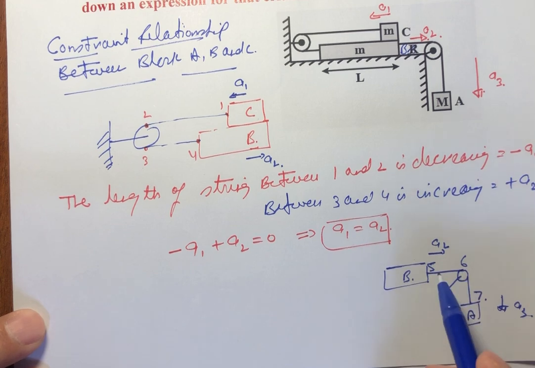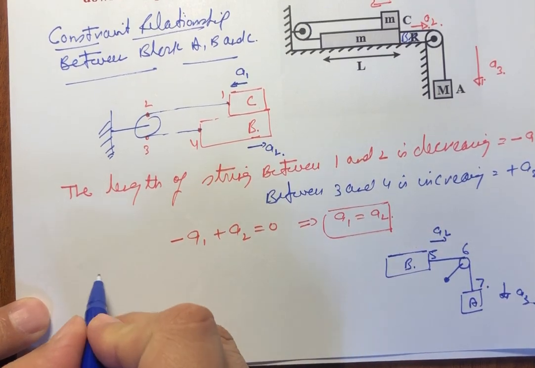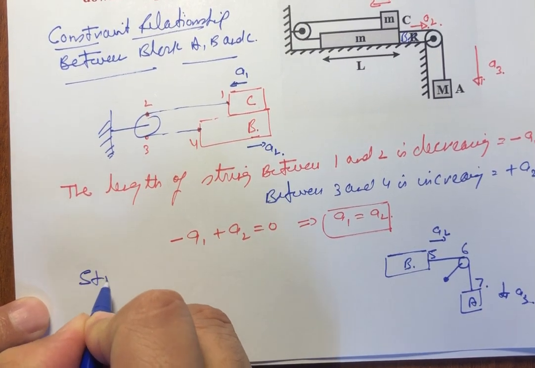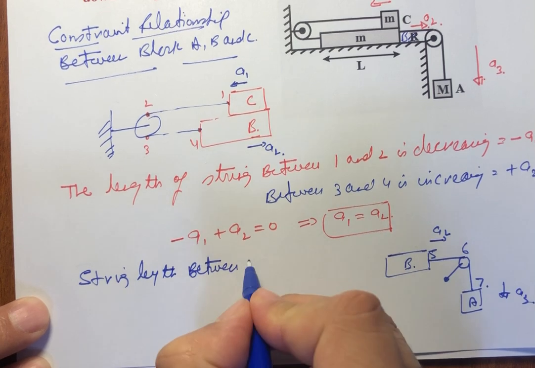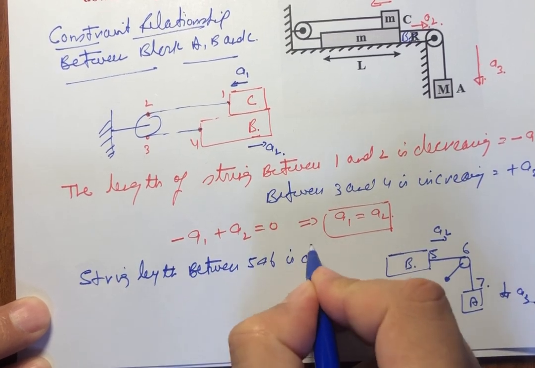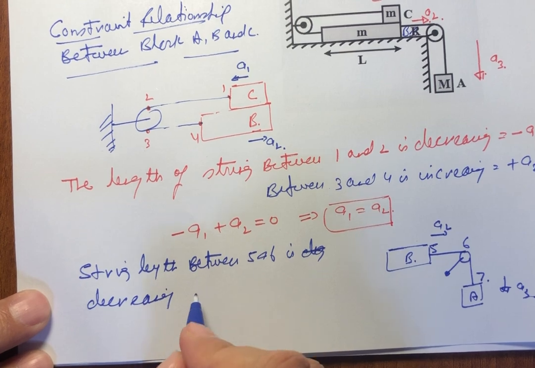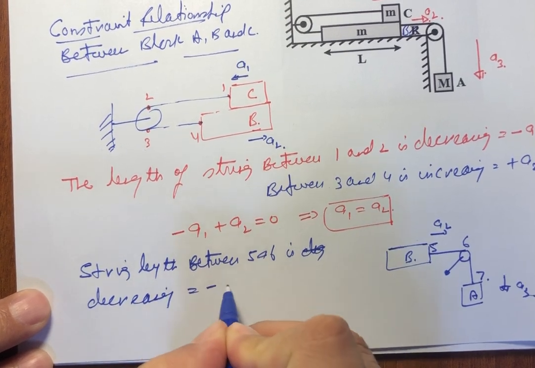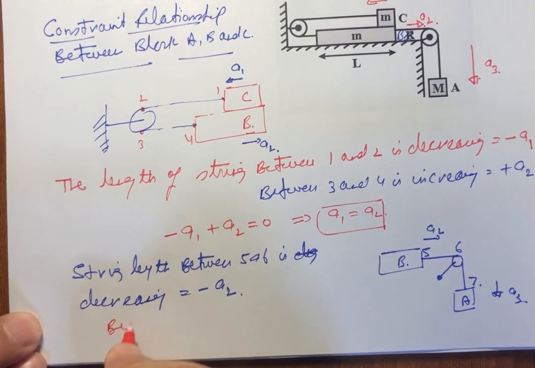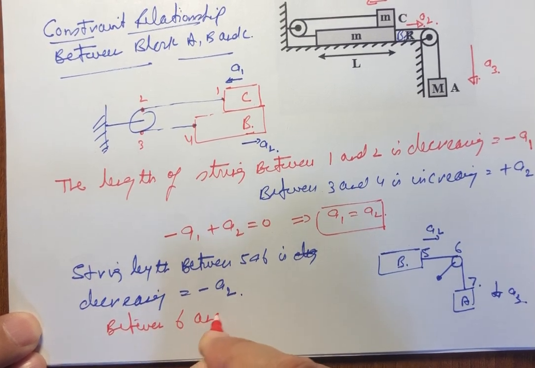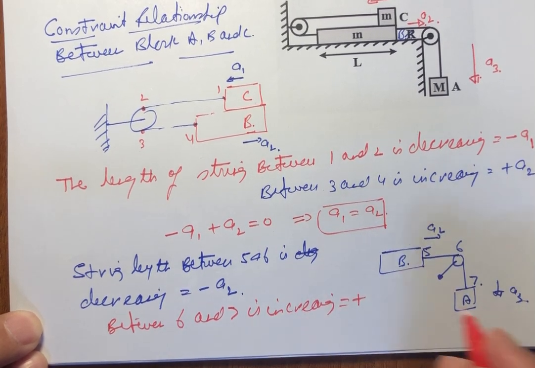From here we can say the length of string between 5 and 6 is decreasing, so it will be minus of A2, and between 6 and 7 it is increasing, so we have plus of A3.